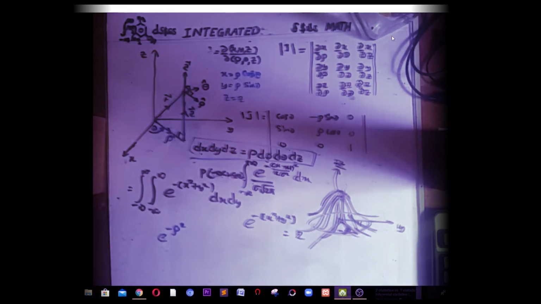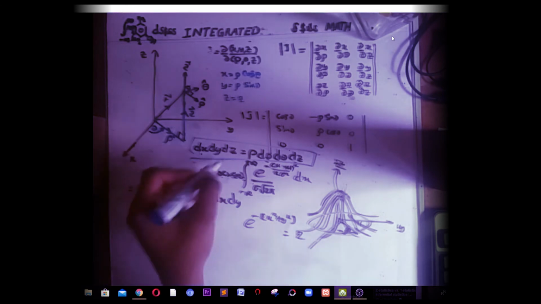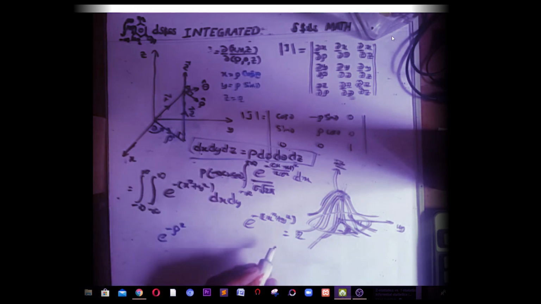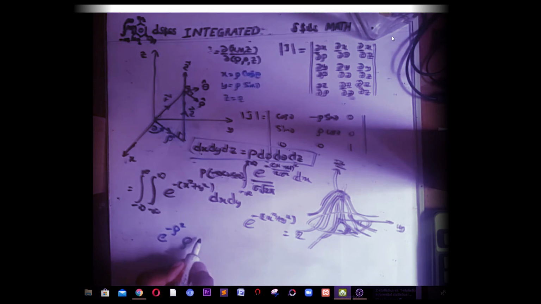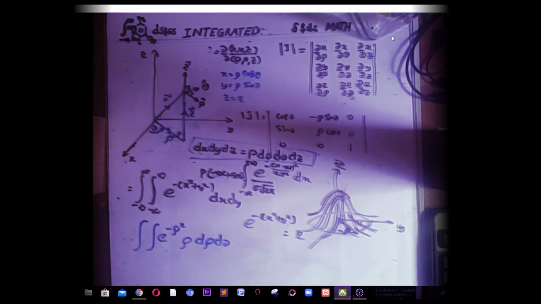So we are able to replace dx dy by rho d rho d theta. Here you would have a double integral just like this.